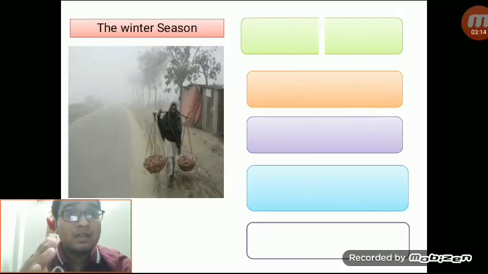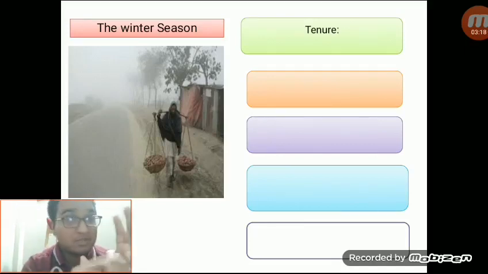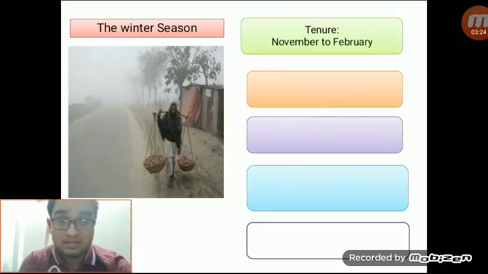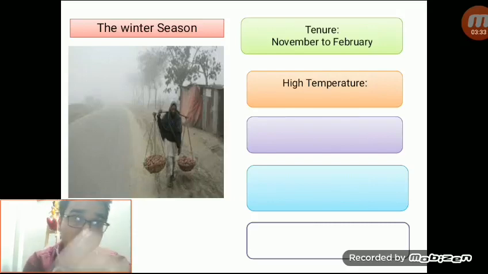First of all, the tenure is November to February, that means November, December, January, February. These four months are included in the winter season of our country. And this is the first information regarding the winter season. Then the high temperature during this season is 29 degrees Celsius.